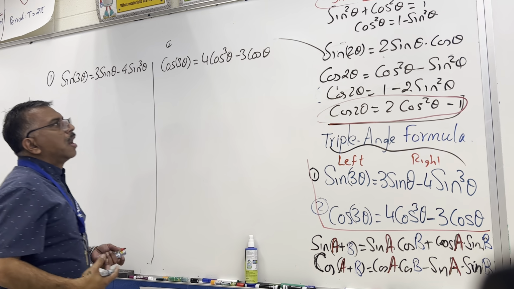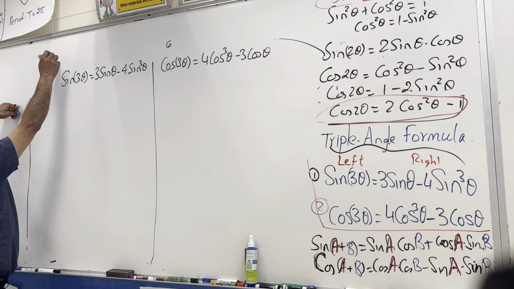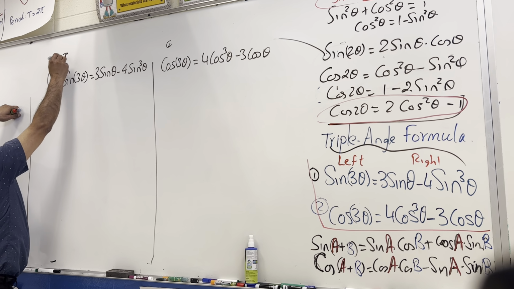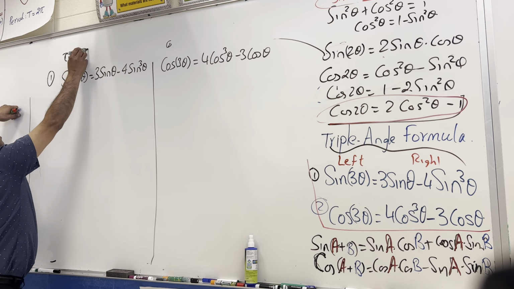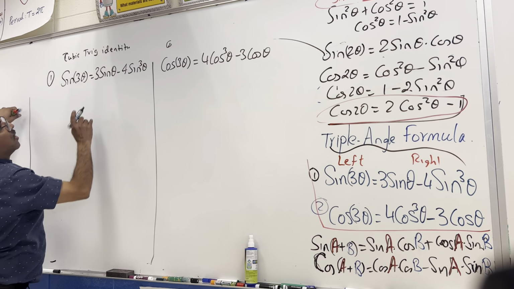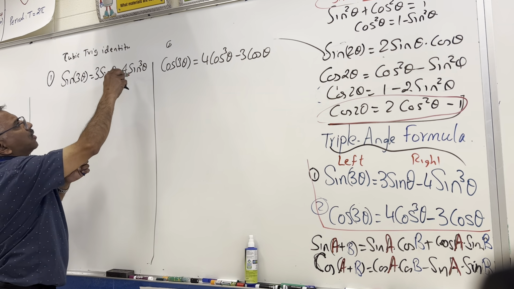The question is, can we write this in terms of sine cube? So we want to have cubic trig identities. What it means is you want to write sine cube, so you want to solve for this part.